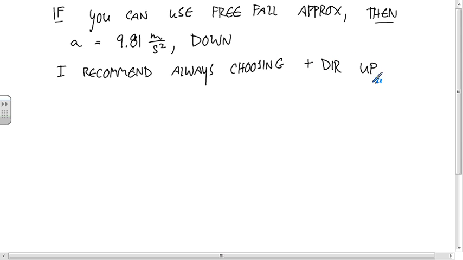And if you do that, then the acceleration is always negative 9.81 meters per second squared. People tend to do it that way. There's no mathematical reason you have to have the positive direction up, but that's how people tend to do it.